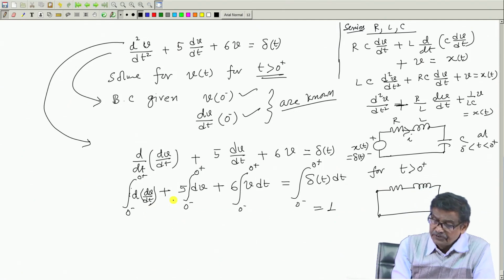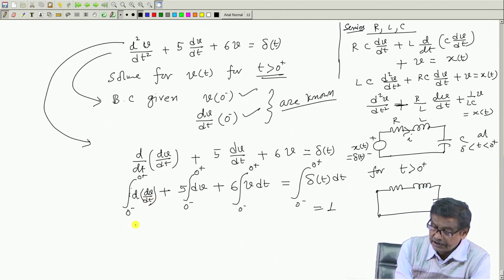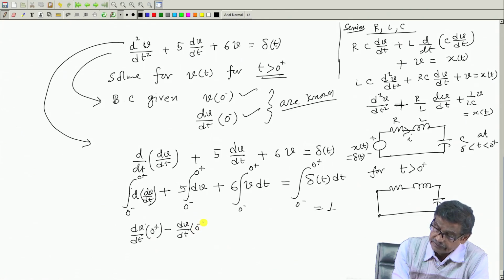Now, if you integrate this first term, it will become dv/dt only, with upper limit 0 plus. So, this must be the value at 0 plus minus dv/dt at 0 minus. This will be the first term.